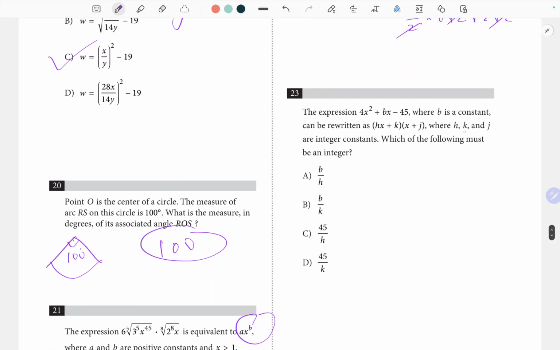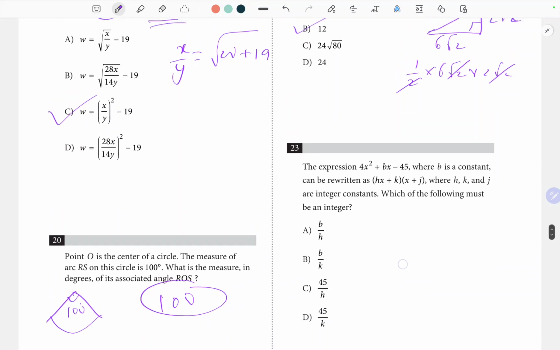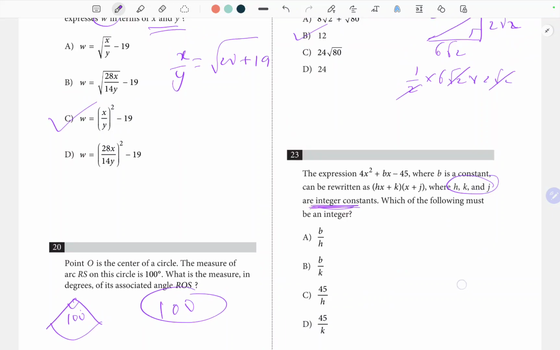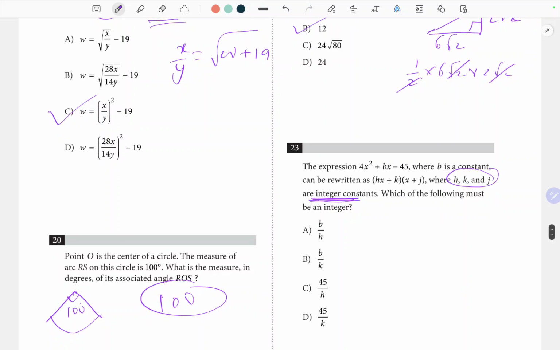Question 23. The expression can be factorized. Which of the following must be an integer? So here we have to look for h, k, j as integer constants. So what we can do, we can multiply this. So hx times x, which is h x squared, hx times j, so h j x, this is k x, and this is k j.